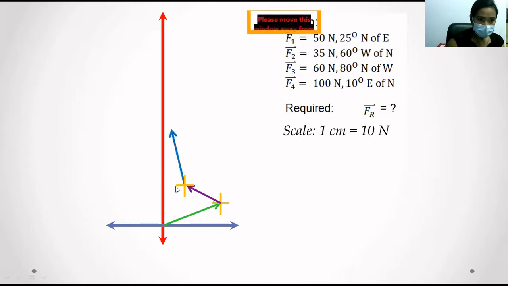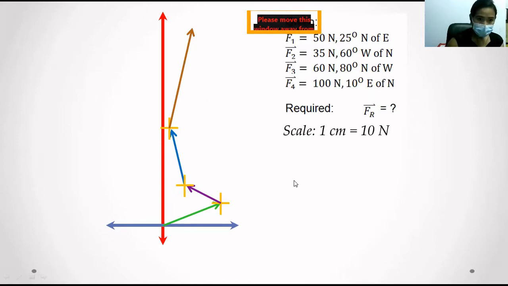So 80 degrees north of west is measured from the western direction going northward. And from the tip of our third arrow, we will draw again another direction guide, and we will be placing our protractor again over this direction guide to measure 10 degrees east of north, which means from the northern direction, you are going to measure 10 degrees going eastward.